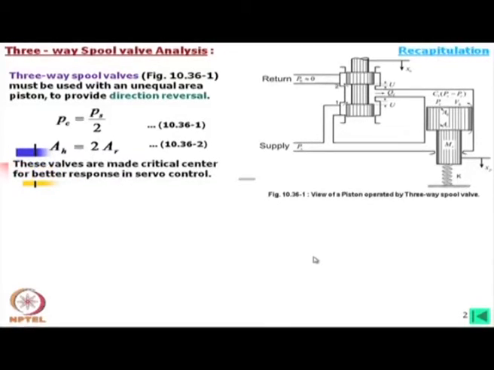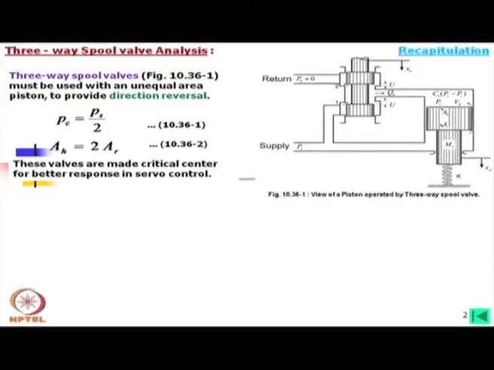Now, these valves are made again with critical center for better response in a servo valve. Now, you see this, what is a critical center valve? A critical center valve means this is just critically lapped. That means ideally the width of this groove and the width of this length of the spool are equal. Ideally, dimensionally, if we consider the nominal dimensions, they are equal.